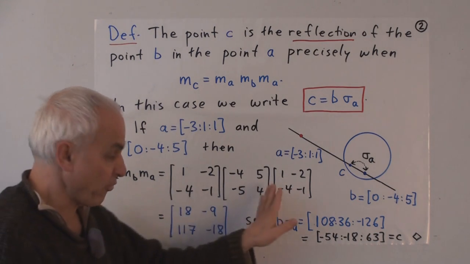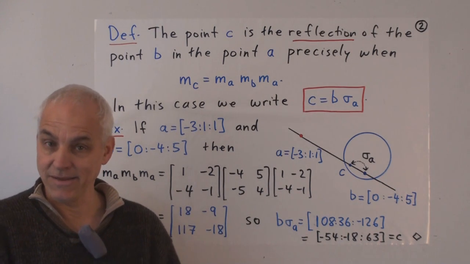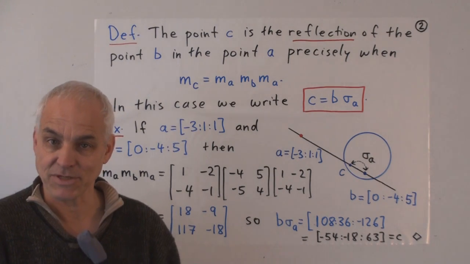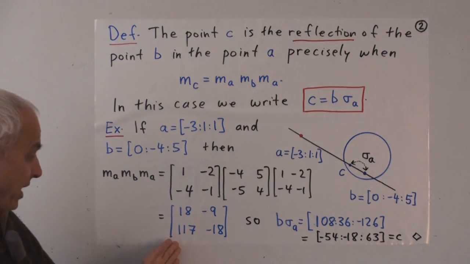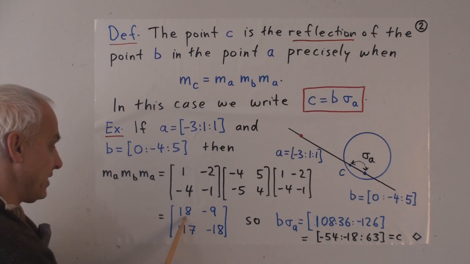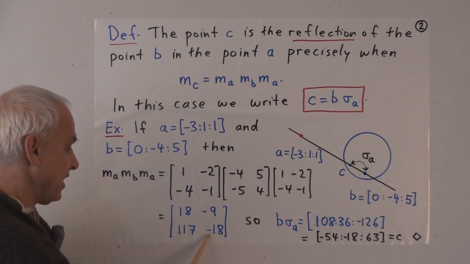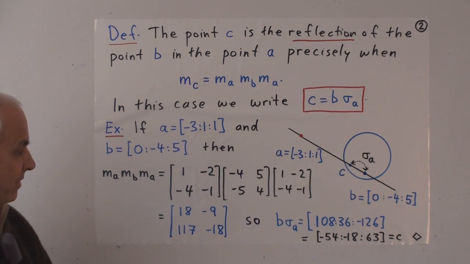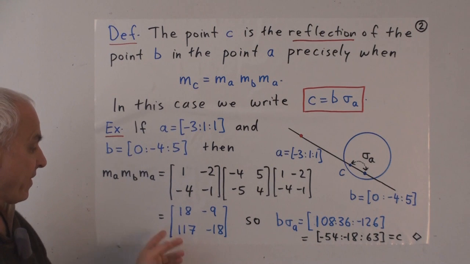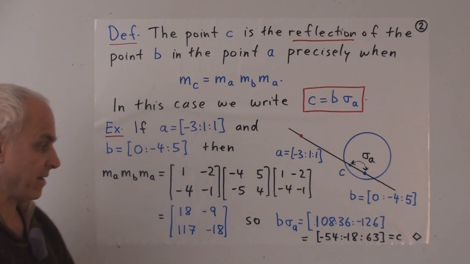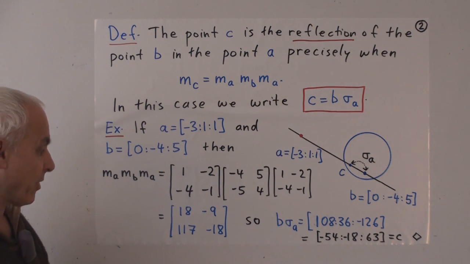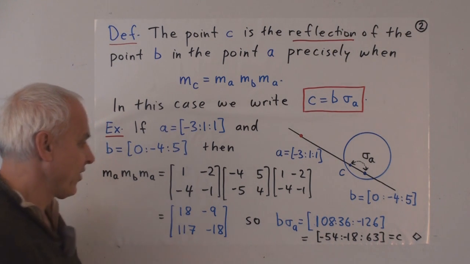Now we compute the product of those three matrices using the algebra of 2 by 2 matrices and matrix multiplication, and we end up with this matrix, 18, minus 9, 117, minus 18. And according to our definition, that's the matrix M sub C. So how do we recover C? Well, we sort of have to unravel this.